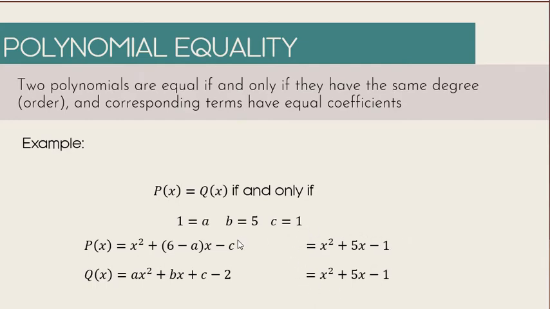So if a, b, and c have the values of 1, 5, and 1, the two polynomials p(x) and q(x) become equal to each other.